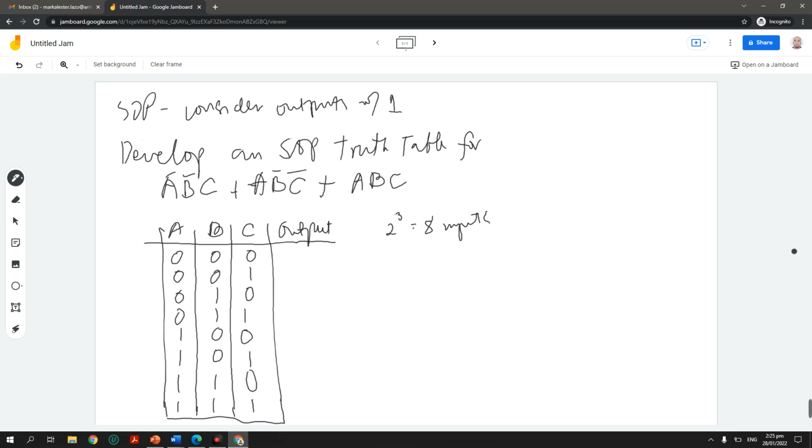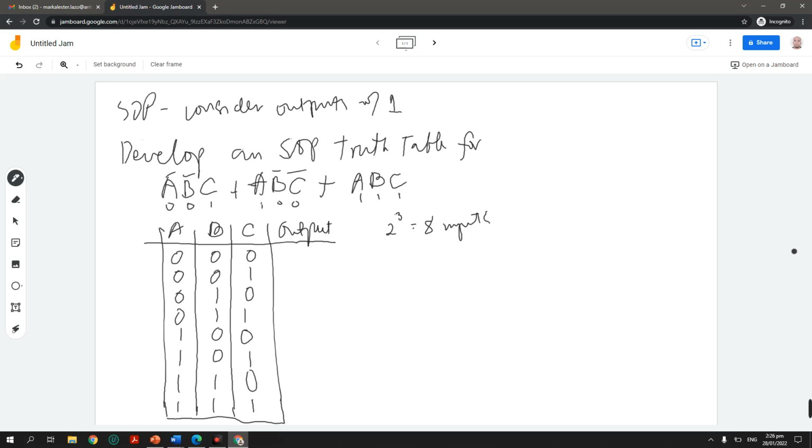As discussed, when we say bar, in an input means it is 0. So if we interpret this input into its binary equivalent, this is 0, 0, 1, this is 1, 0, 0, and this is 1, 1, 1.